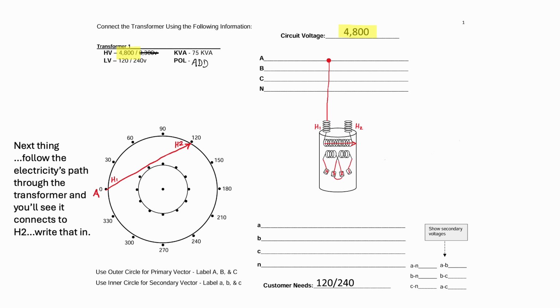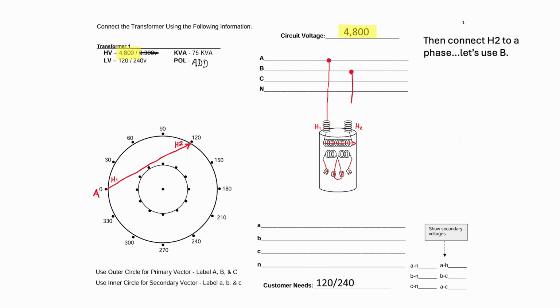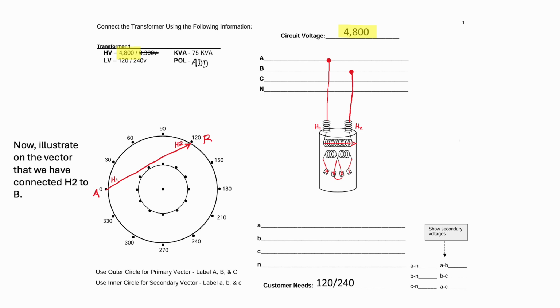Next thing, follow the electricity's path through the primary coil, and you'll see that it connects to H2. We'll write that in. Then connect H2 to a phase. We'll use B. Now we'll illustrate that on the vector.